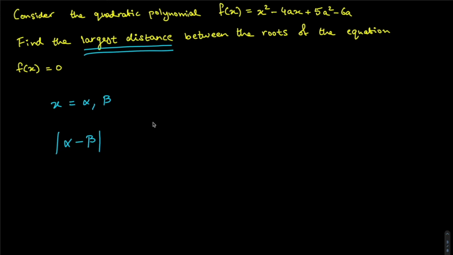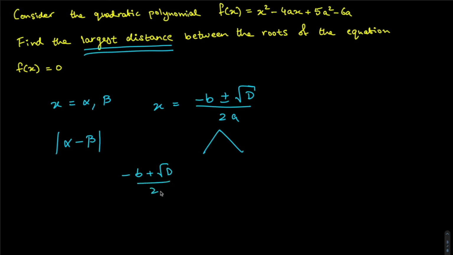So now we know how to do this. If you use the quadratic formula, x = (−b ± √D) / 2a, where D is the determinant. I'm not going to write the entire thing. If we break this apart, we have two roots: (−b + √D)/2a and (−b − √D)/2a. Now if we find the difference, this is going to be plus and this is going to be plus, and they have the common denominator.